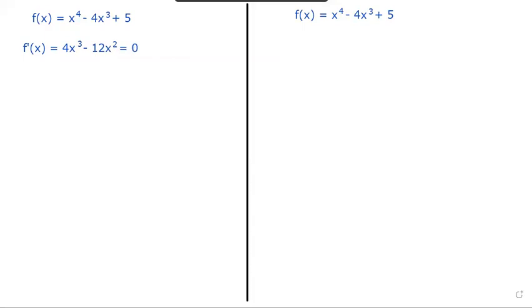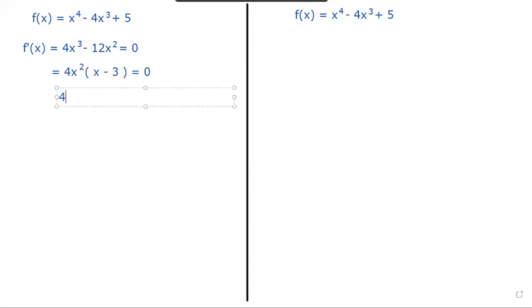Now, of course, we factor out the greatest common factor, which is going to be 4x squared. So that's going to be 4x squared times x minus 3 equal to 0. And now we set both of them equal to 0 to solve it.